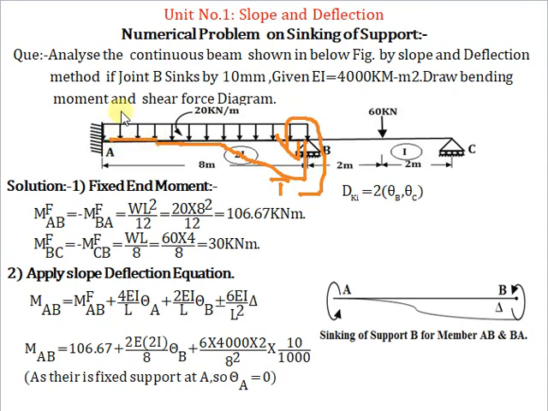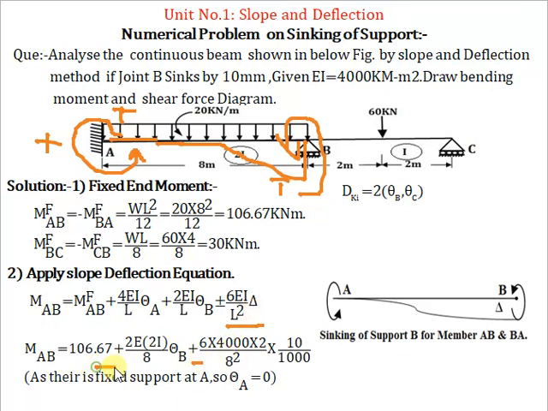So at the far end, the top is under tension. So start from the top about A in the same sense, in the anti-clockwise direction. For anti-clockwise direction, our sign convention is positive. So here you adopt a positive sign for the moment due to the sinking of a support.